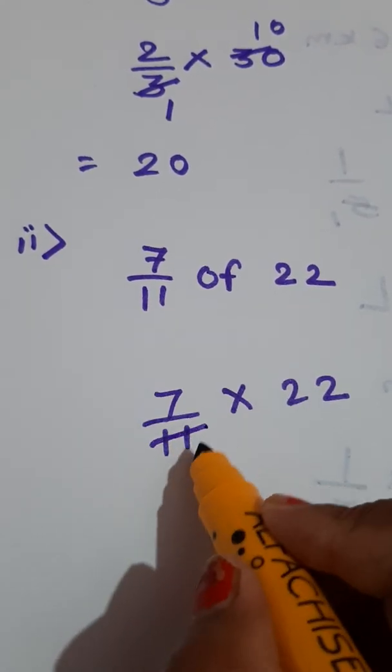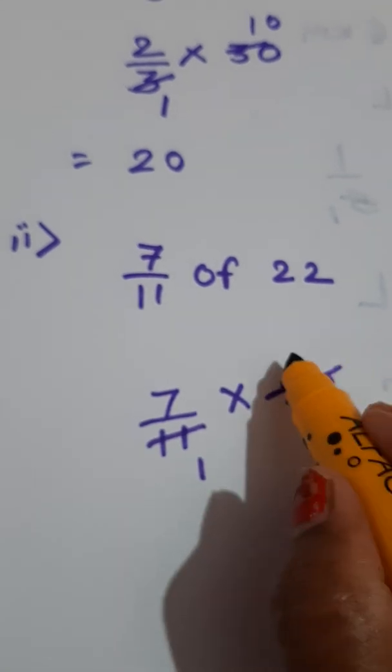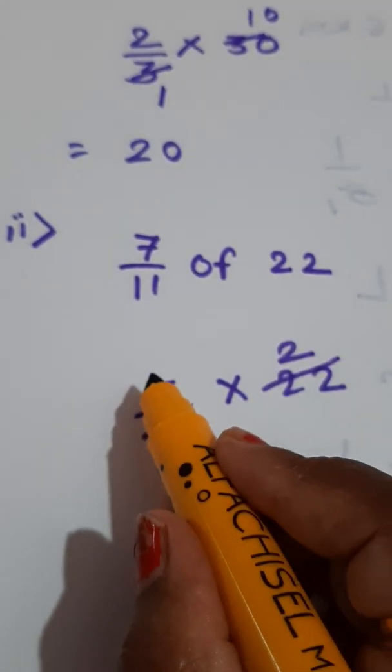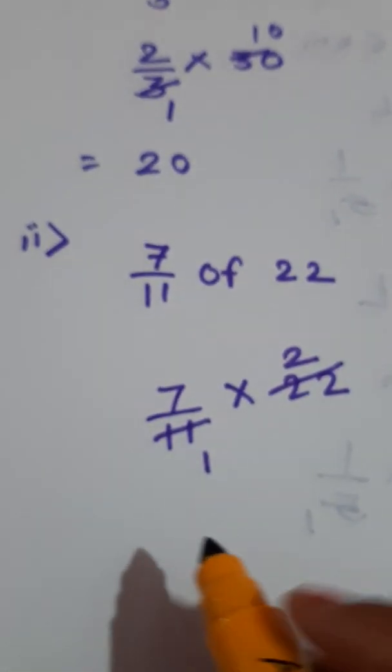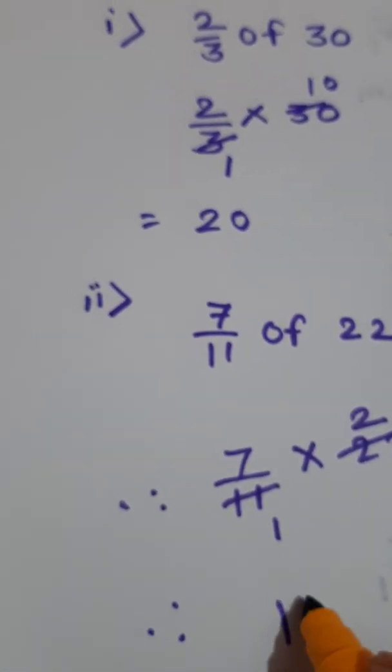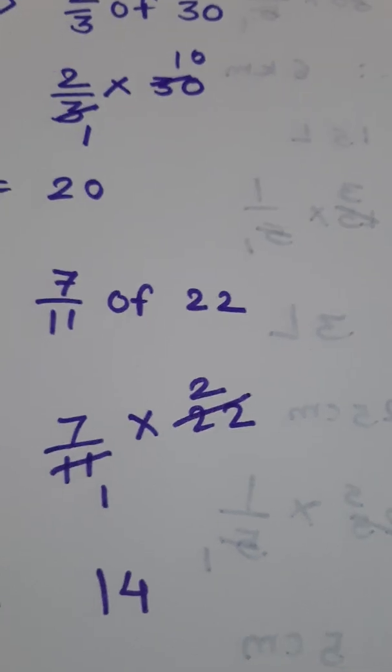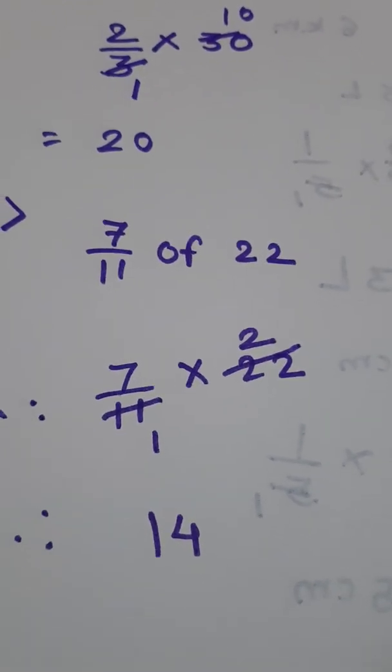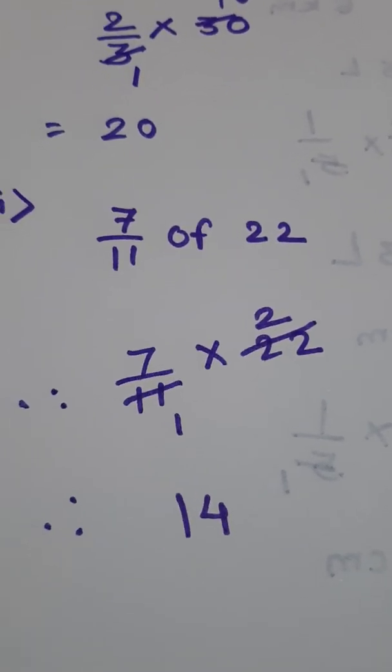So here 11 1s are 11, 11 2s are 22, and 7 into 2, 7 2s are 14. So we got the answer 14. 7/11 of 22 is 14.